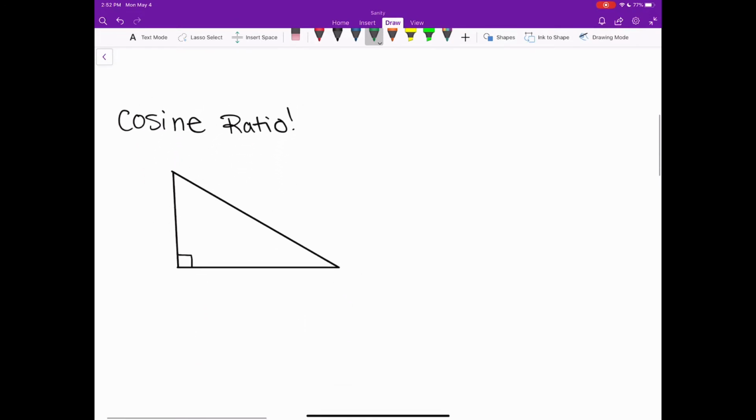So here we go, just a real quick recap of the cosine ratio. I've got cosine of an angle theta. I'm just going to pick a reference angle in this triangle, that one there. Cosine of an angle, again, is adjacent over hypotenuse. Let's label all of the sides real quick.